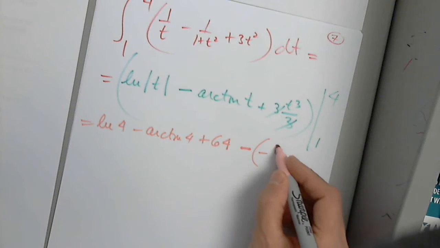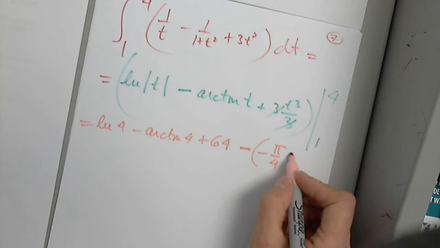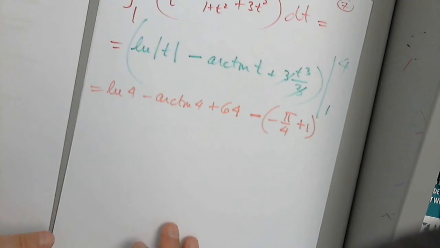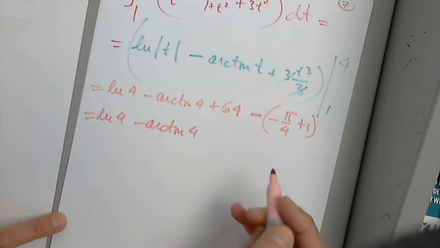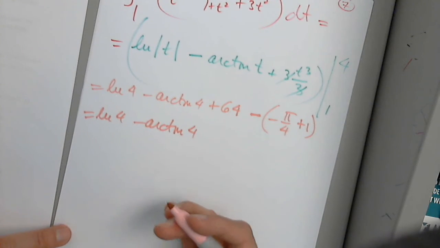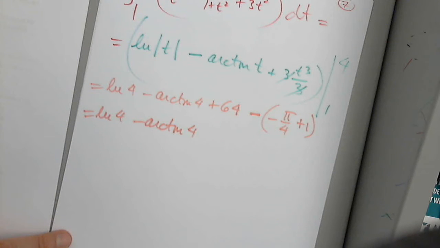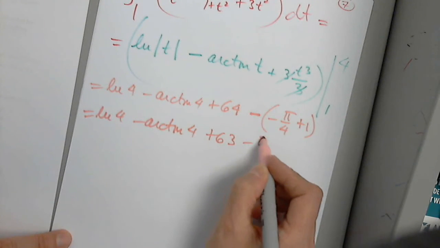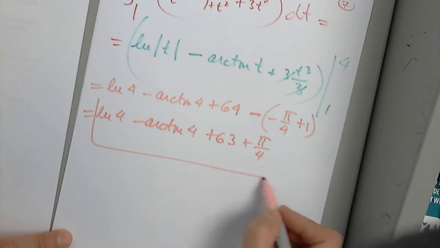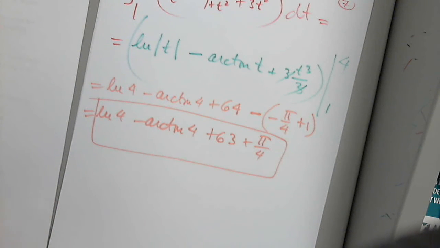Very good, negative pi over 4. And when I plug in 1 here, it's positive 1. So natural log 4 minus arc tangent 4 radian, which is an angle, plus 64 minus 1 is plus 63, plus pi over 4. And this is final.